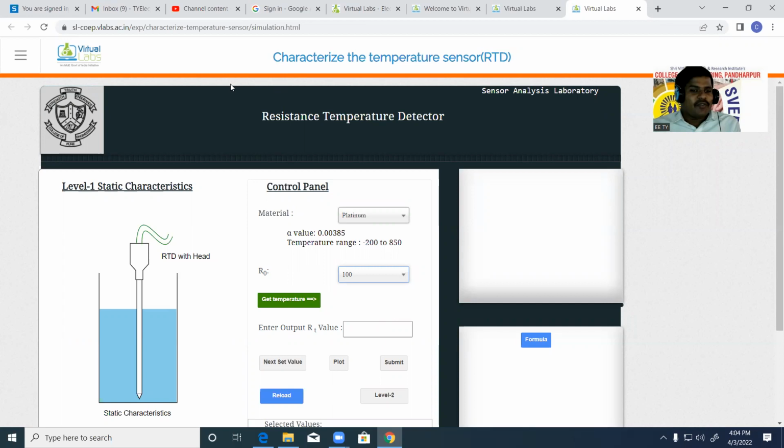We want to understand delta T, the change in temperature, T minus T0. Clicking here, the temperature is obtained automatically and displayed as 34 degrees Celsius. All of you note down that delta T.